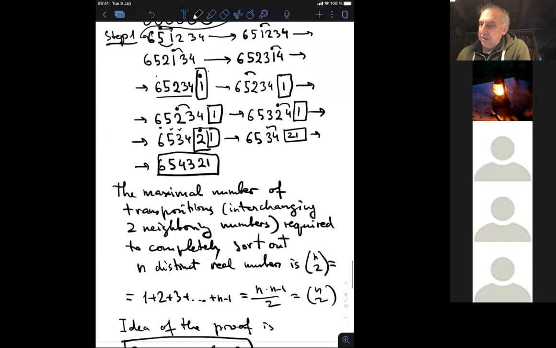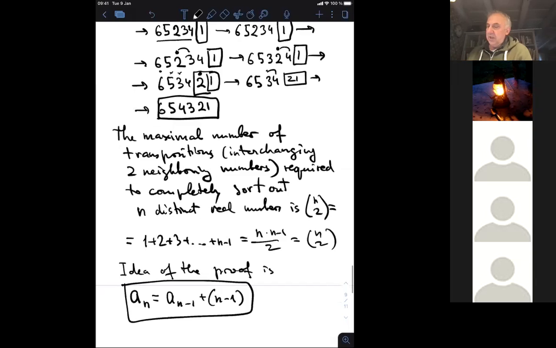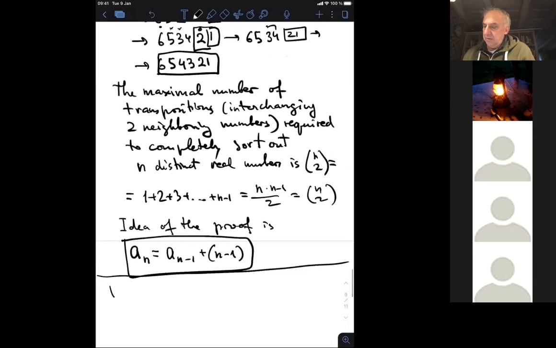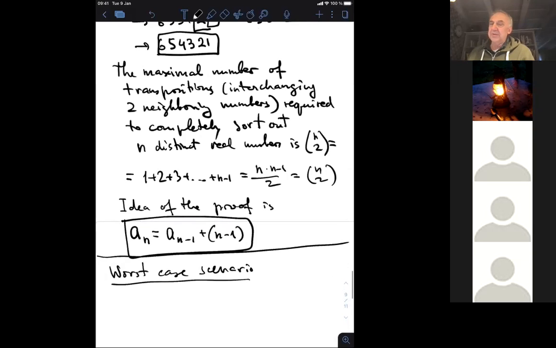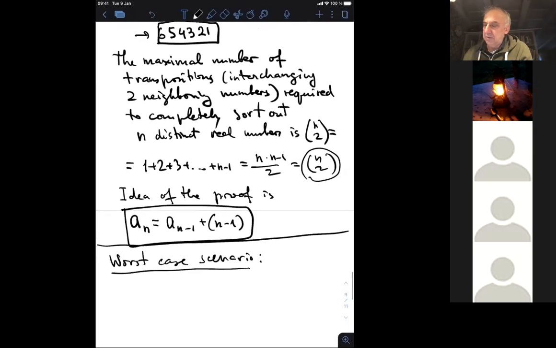And the worst case scenario, of course, for the sorting algorithm is when we have the numbers in increasing order, and then we actually need n choose 2 swaps of consecutive numbers in our sequence to get them in the reverse order.